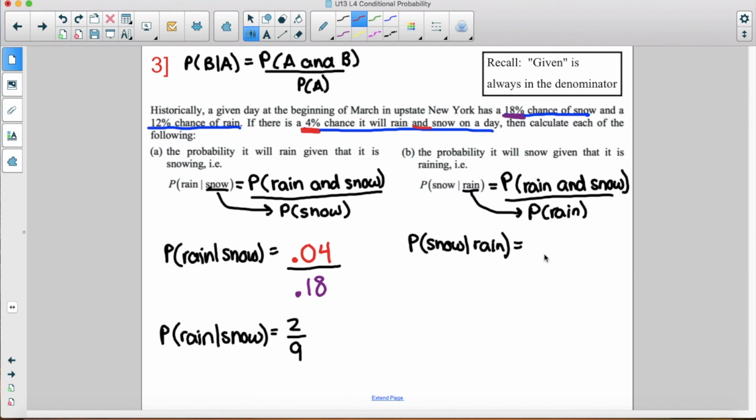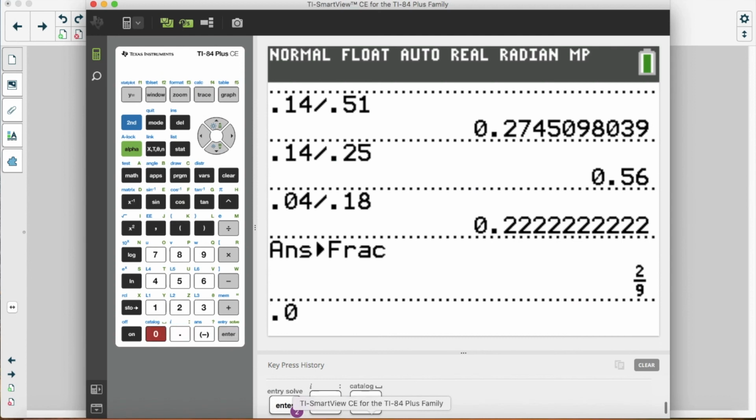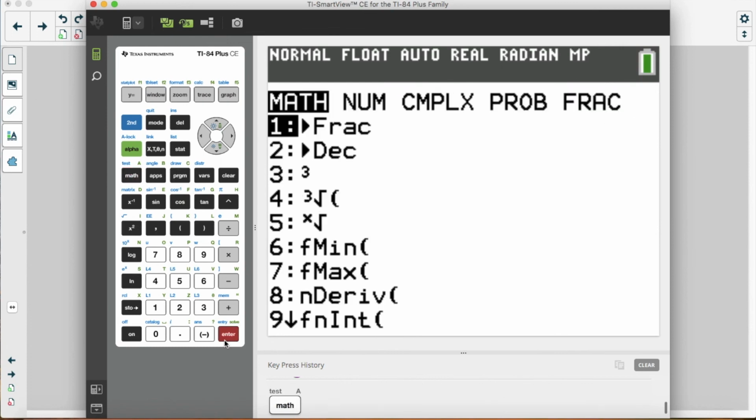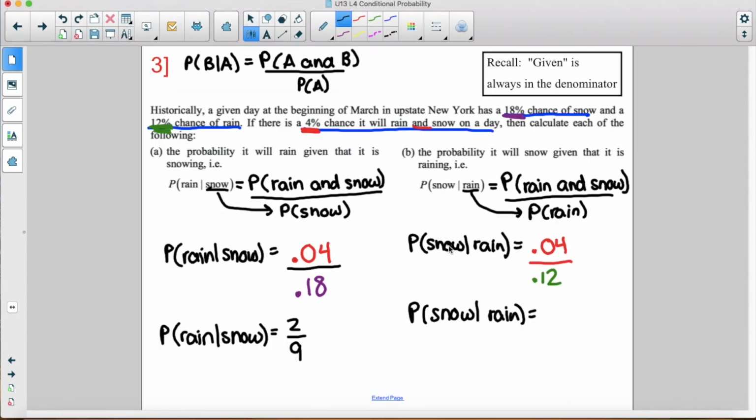It told us it was 4%, which we changed to 0.04. And now we're looking at the probability of rain. The probability of rain is 12%, which converts to 0.12. Now let's find out what that is in our calculator. So we have 0.04 divided by 0.12, and that gives us 0.333333. We have to change it to a fraction, and we get 1/3. So 1 over 3.